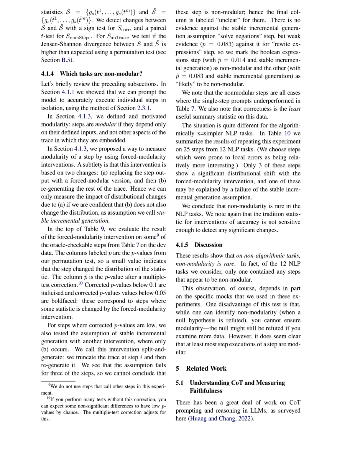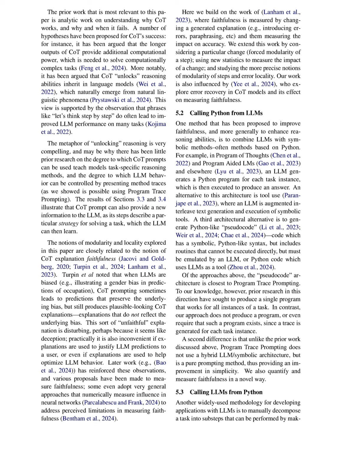Lastly, the assumption of stable incremental generation, which underpins the measurement of modularity, may not always hold true, leading to potential inaccuracies in evaluating the modularity of steps. These limitations could hinder the reliability and interpretability of PTP in real-world applications.